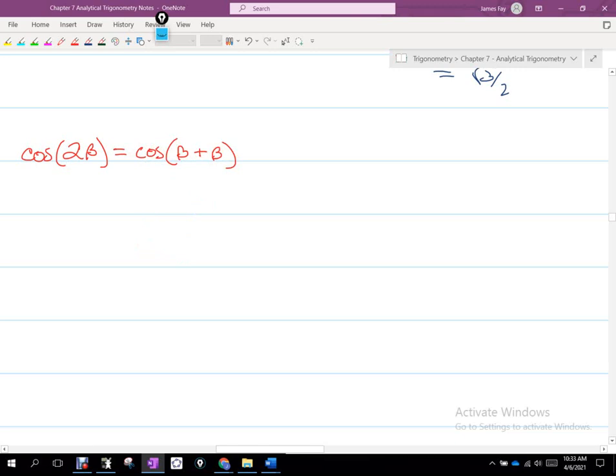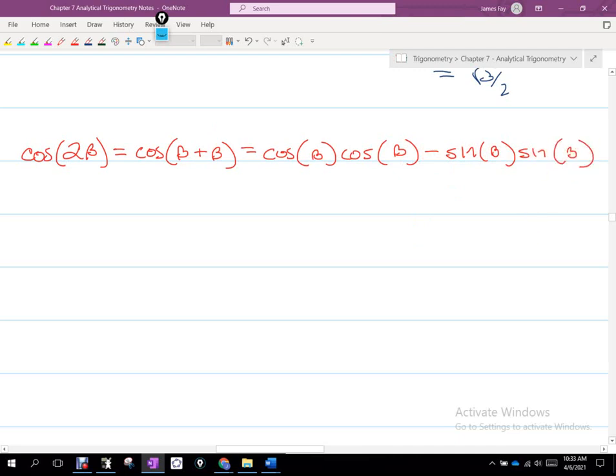Using the same approach as before, the cosine of a sum of 2 angles is written this way. Cosine of the first angle beta, cosine of the second angle beta, and then we do the opposite over here. And then we go sine of the first angle beta, sine of the second angle beta.